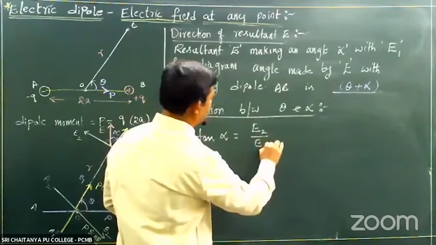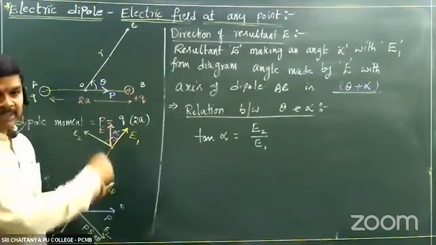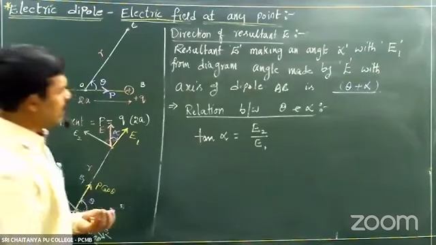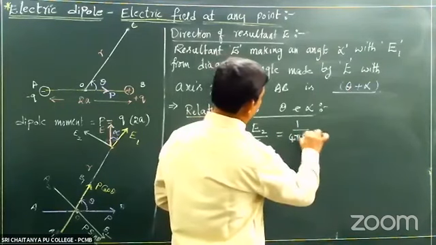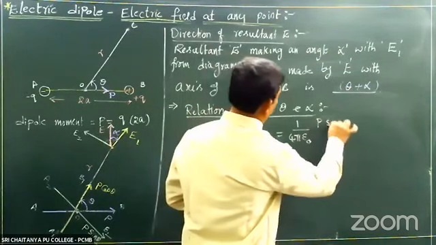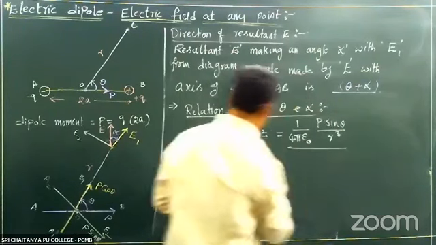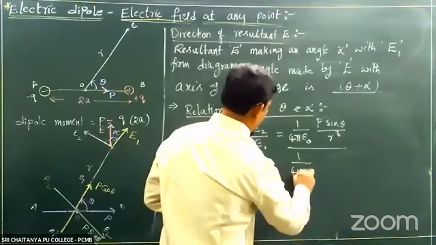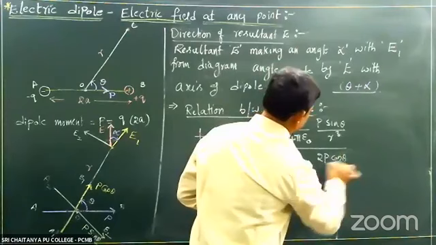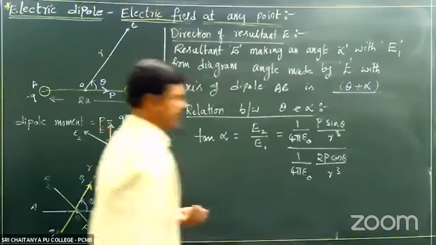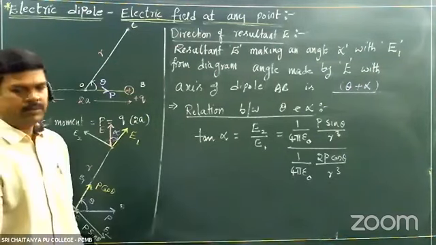E2 by E1, right? See, previously we wrote the formulas. What is E2? 1 by 4 pi epsilon naught P sin theta by R cube. What is E1? 1 by 4 pi epsilon naught 2P cos theta by R cube. These are the formulas we just got.